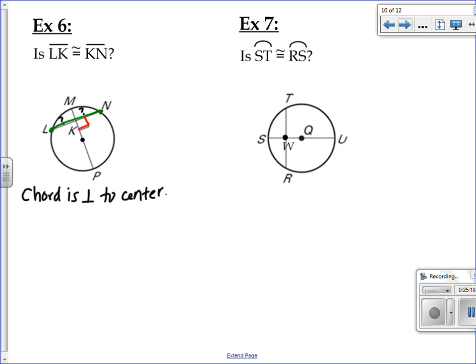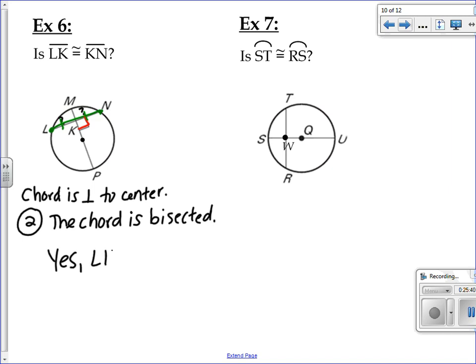So which of the three properties is this? It is that second property. What does the second property tell us? It tells us the chord is going to be bisected, which means split in half. So this chord will be split in half. So yes, LK will be congruent with KN.